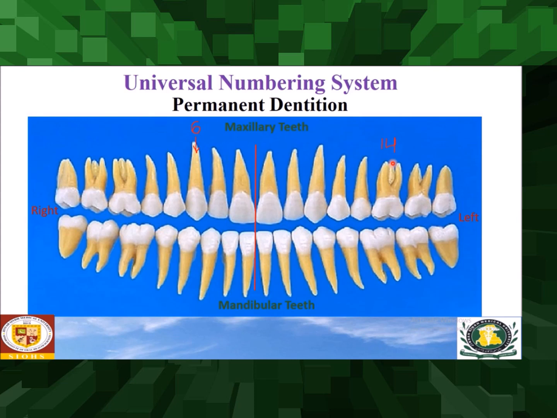Now left mandibular central incisor. This tooth is the left mandibular central incisor. Now in the universal numbering system, the number of this tooth is 24.